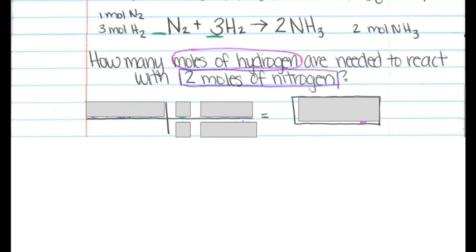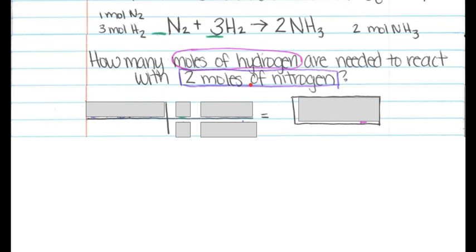And I highly, highly recommend that you start doing it like this, because we're going to start adding more steps to the left and to the right of these one-step problems. I'm giving you moles and asking for moles, but in the future, I'm going to give you grams, ask for grams, give you liters, ask for liters. Okay? So again, I have boxed this piece of information, 2 moles of nitrogen.